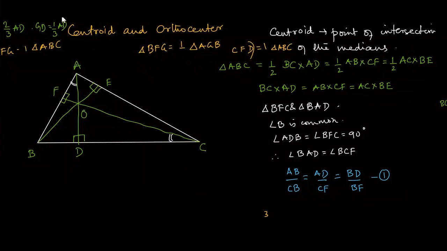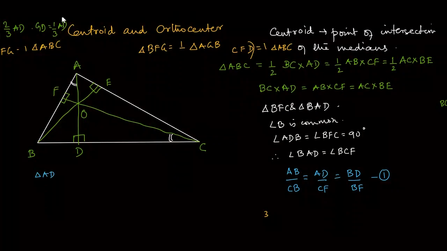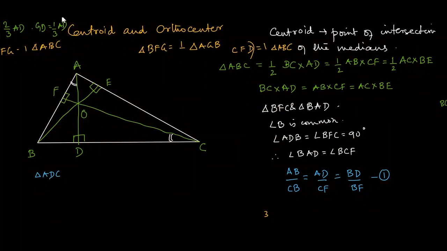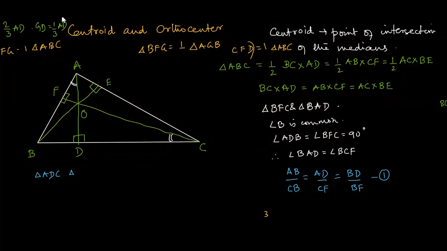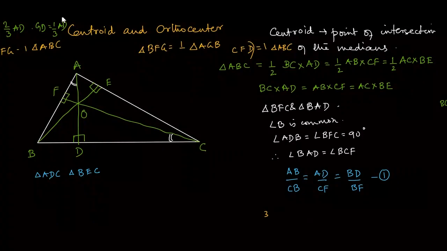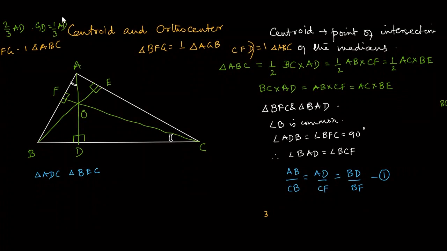Similarly, if I do the same similarity with another set of triangles, which are triangle ADC and triangle BEC. Let me tell you why I'm choosing the triangles in this way.